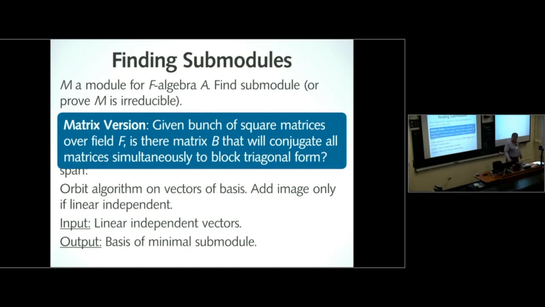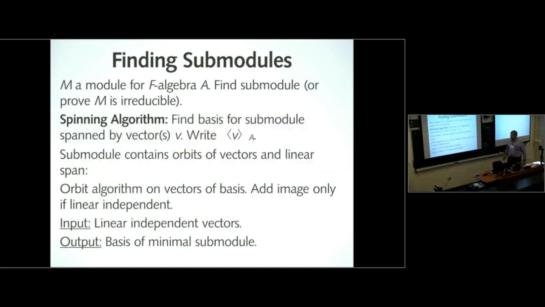So, the first observation is a variant of the orbit algorithm which goes under the name of spinning algorithm. What this algorithm does is it takes a bunch of vectors, here I call them V, and let's assume they're linearly independent, because that we can deal with easily, and it gives me a basis for the submodule spanned by these vectors.